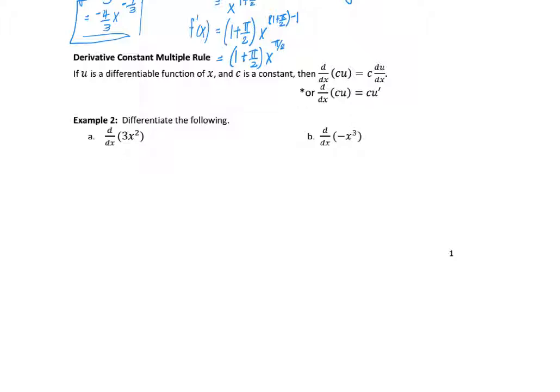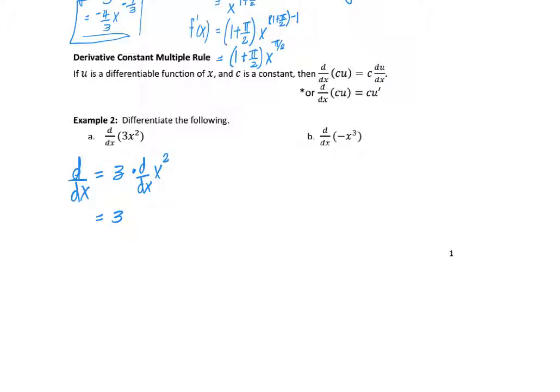Now that looks super complicated, but all it's saying is 3 in this case is a constant, and you have x squared, the function of x squared behind it. So keep your constant, and then multiply it by the derivative of the function being x squared, which comes out to be, so keep the 3.